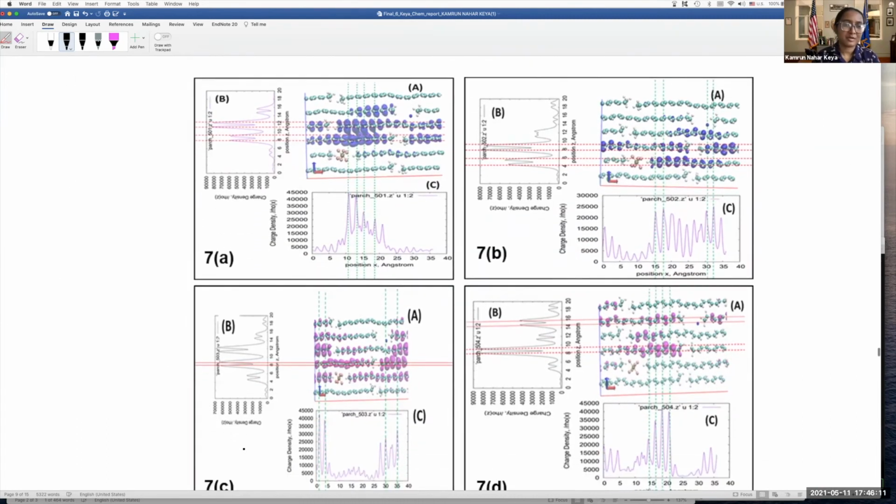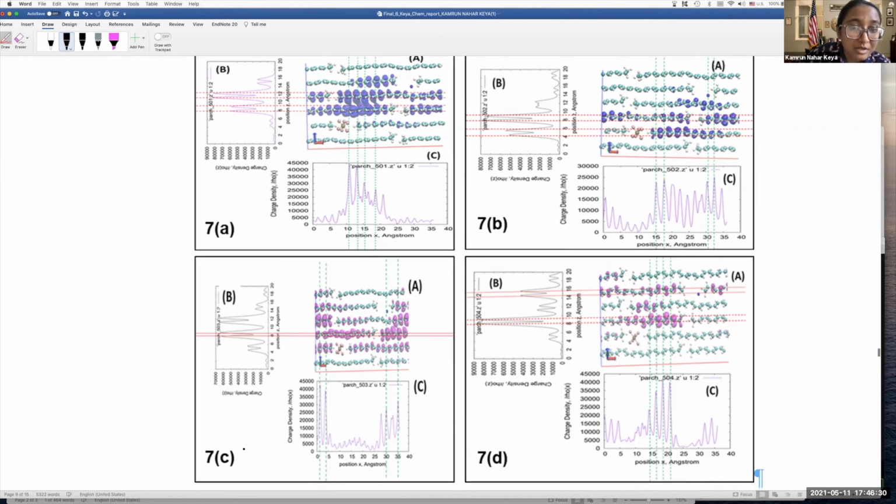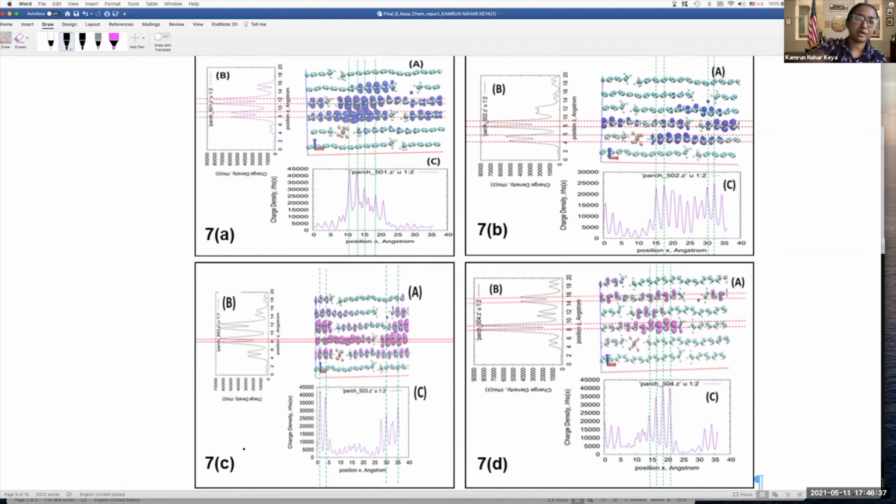This one is the co-doped model, where we add p-dopant and n-dopant, positive and negative charge. In the second oligomer, we are able to see the dopant, the pink one, and that dopant affects the charge density.